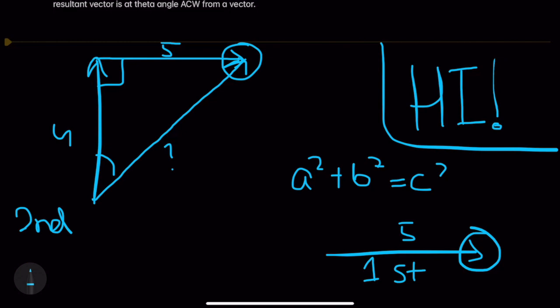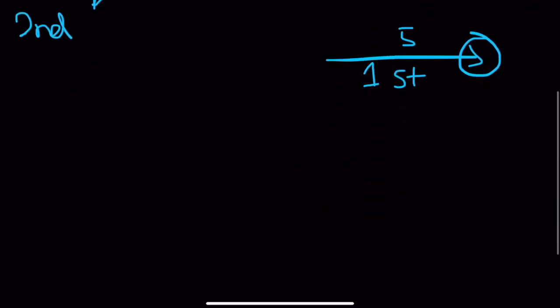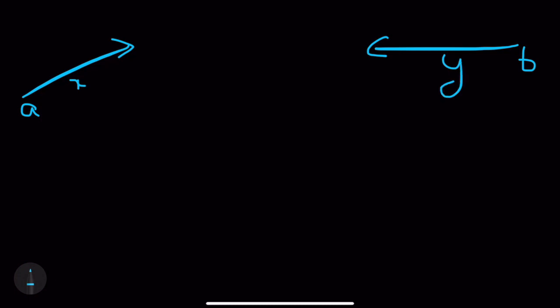Let me give another example so it's crystal clear for you guys. Supposing you have a vector that's like this, let me just name it A, this is x centimeters. Another vector like this, let me name this B, this is y centimeters. Another vector like this, let me name this C, this is z centimeters.